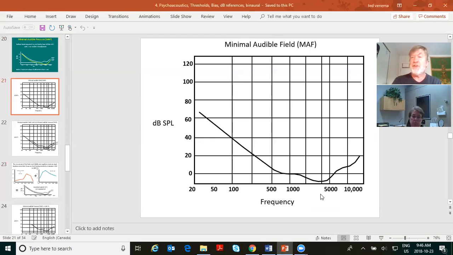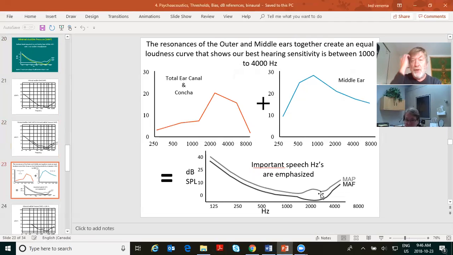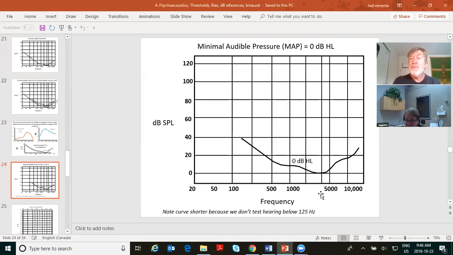What's the softest it took to hear a 1,000 hertz tone at 1 meter distance with 2 ears? Now look at MAP. See how MAP is a little bit shorter? Because we usually don't test at 100 hertz and we don't test at 50 hertz. But again, notice that the decibel difference is about 5 dB, essentially. And note where the curves come from.